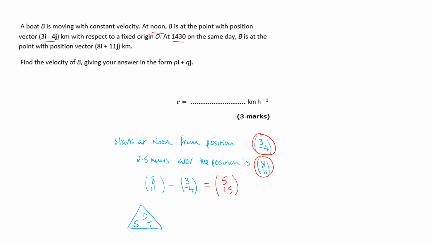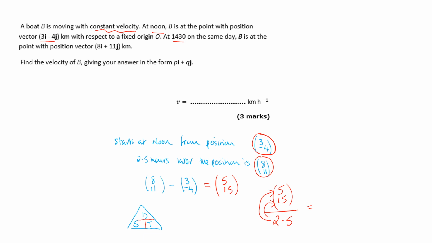Now, because we're going at constant velocity, we can just use this formula triangle and get that speed is equal to distance over time. The distance travelled in terms of the vector is 5, 15, and the time taken is just 2.5. So we just need to divide 2.5 into both of those components.